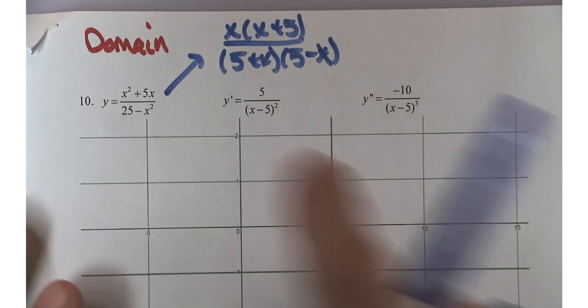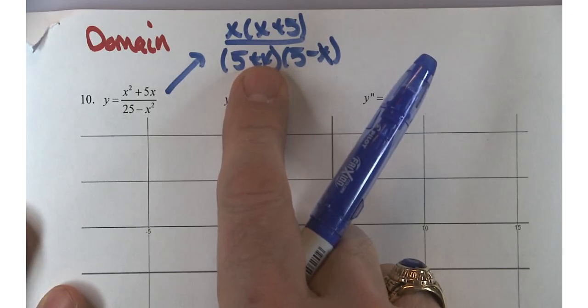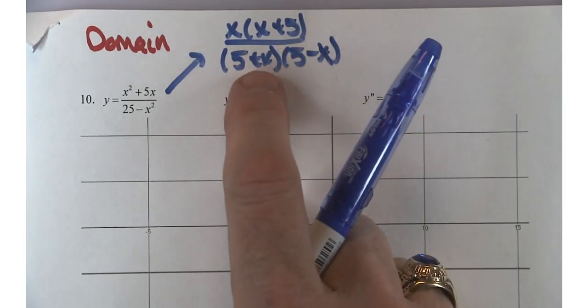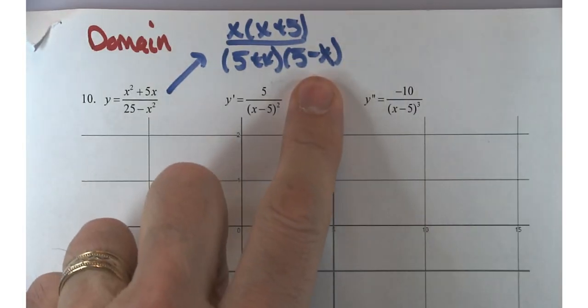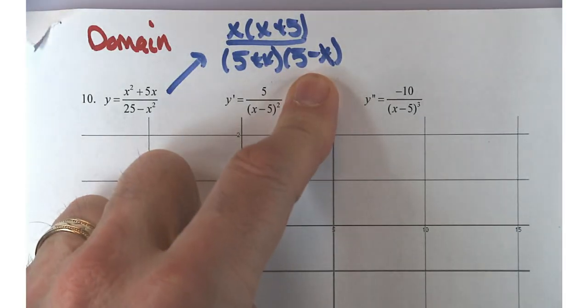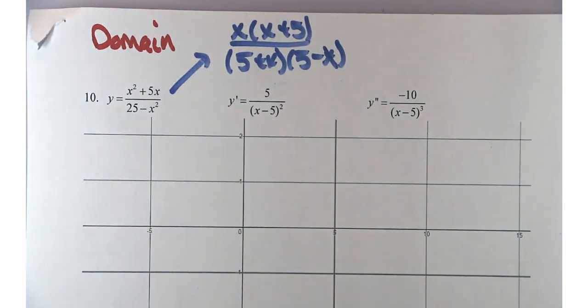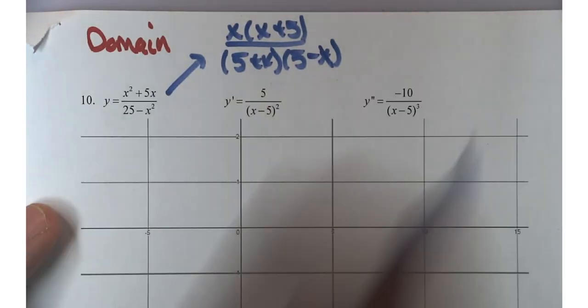So everything is nice and defined up to the very point that you get at x equal -5. Then there's a hole. It's just undefined there. So now, in contrast, do you have a term like that canceling out the 5 minus x over here? No. So one of the big features you're going to get there is a vertical asymptote. So let's write down the domain.